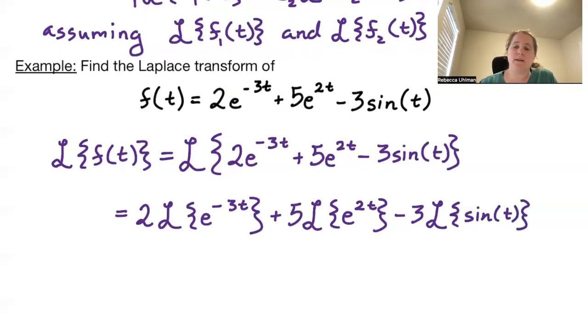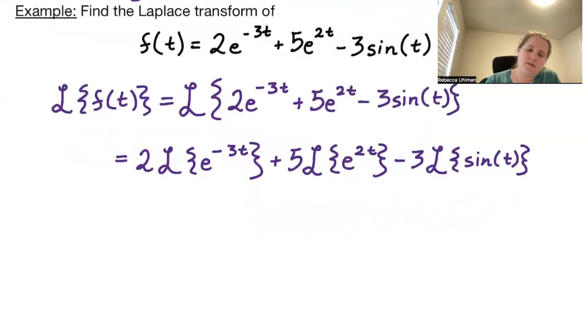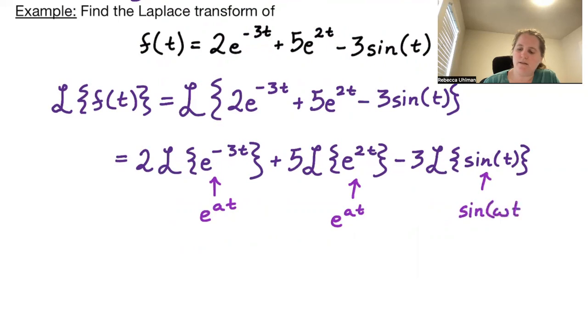In terms of these recognizable forms, this one here is an e to the at form. E to the 2t is an e to the at form. And sine of t is a sine of omega t form. So if we look at our table of Laplace transforms, we can find those particular forms.